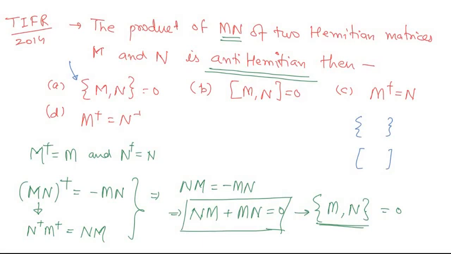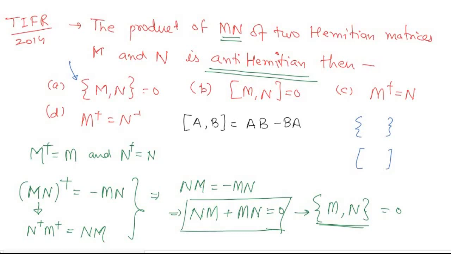Let me give the definition of these operators. If there are operators A and B, and we write the commutator of A and B, it means AB minus BA. If A and B are matrices, you know the product of two matrices doesn't commute; AB is in general not equal to BA, so this is in general not equal to 0. Here A and B are any operators; here the operators are matrices. In quantum mechanics it may be your position and momentum operators.